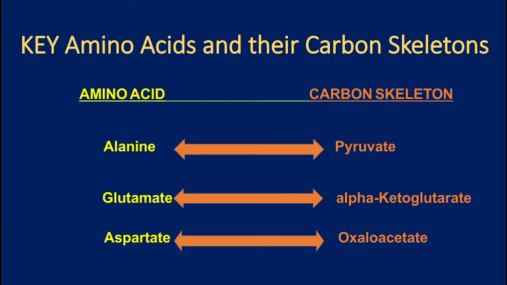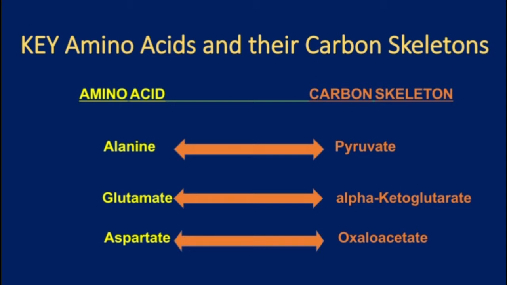The ALT reaction simply takes the amine group from alanine, transfers it to alpha ketoglutarate as a carbon skeleton, and converts alpha ketoglutarate to glutamate. What is left of alanine is the carbon skeleton pyruvate.